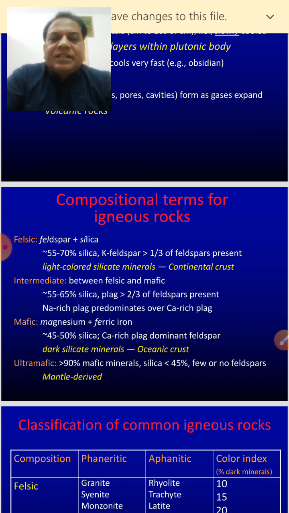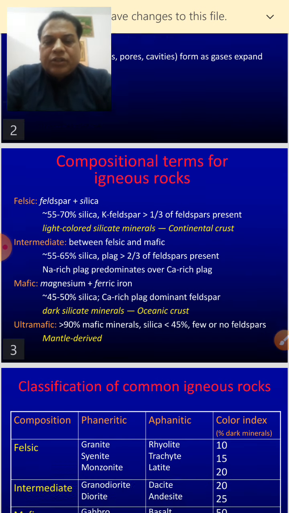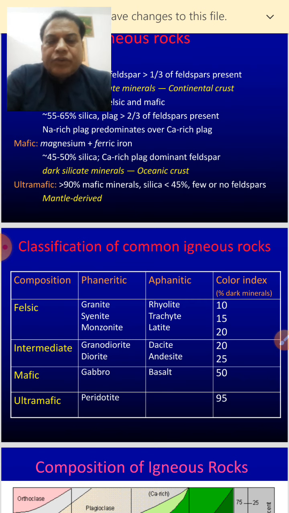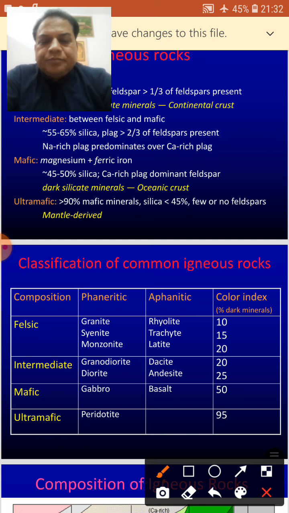Earlier we discussed the textural terms for rocks. Now the classification of rocks combines the composition and the textural terms. For example, when the composition is felsic and the texture is phaneritic, meaning coarse grain size, the rock may be a granite, maybe syenite, maybe monzonite.